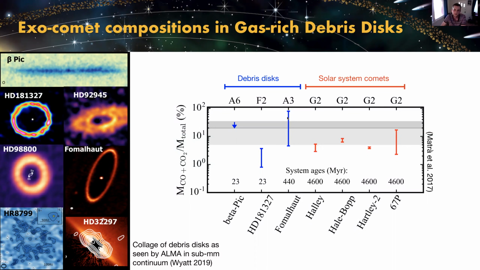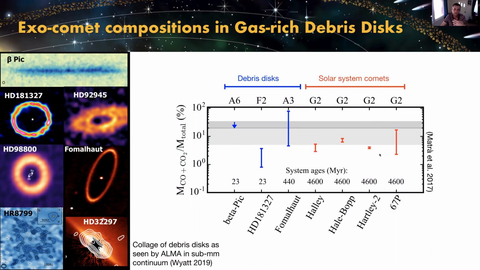So for Fomalhaut, the picture is consistent with maybe a few tens of percent of the planetesimal bodies being in the form of CO and CO2. And for HD 181327 it's a bit lower. You can compare this to comets in the solar system. Right? So yeah, this is quite interesting.